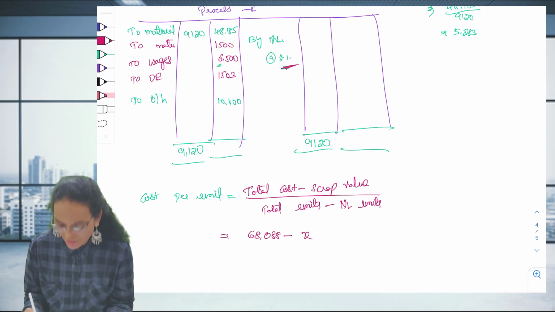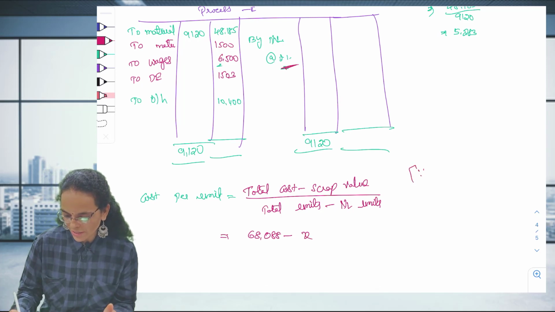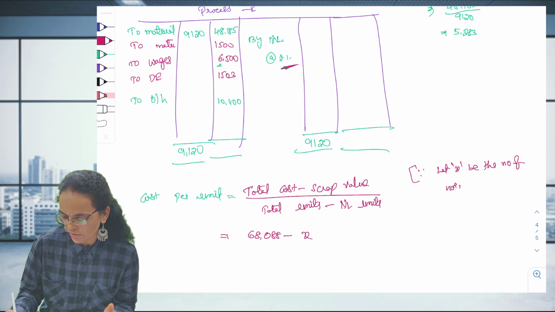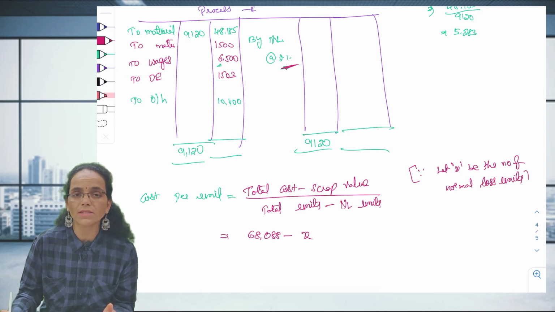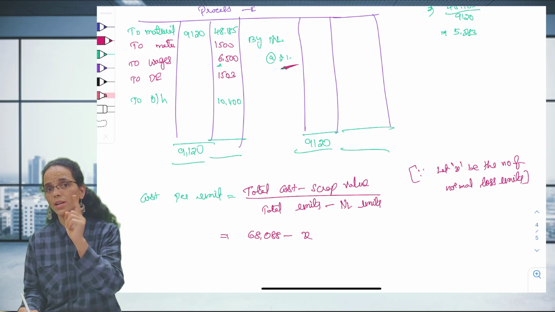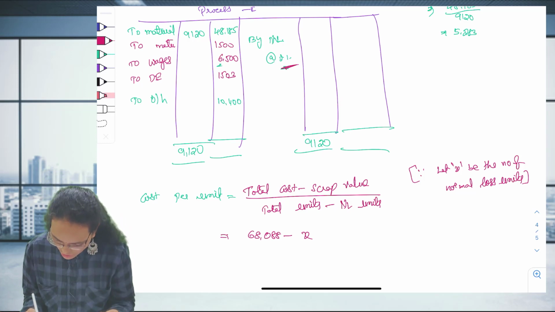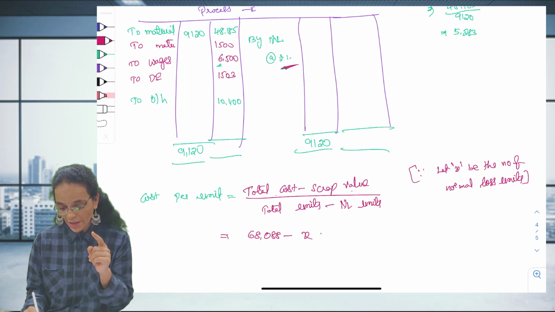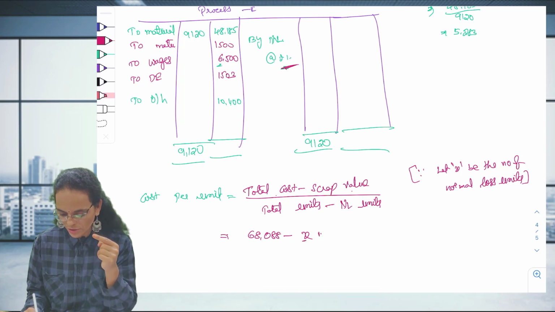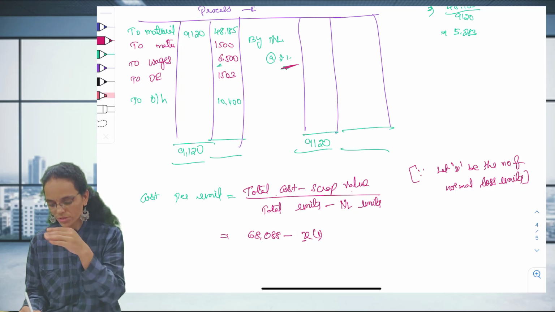So let's assume normal loss units are X. Let X be the number of normal loss units. These units can be sold in the market at 1 rupee each. So total cost minus scrap value: X units into 1 rupee. So this is the amount.